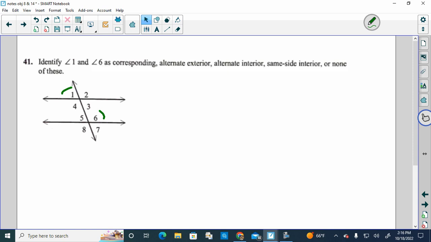So you know it's not that one. Alternate interior, they would both have to be on the inside. Well, 6 is, but 1 is not. So you know it's not that one. Same side interior, again, interior. We only have 1 that's on the interior. So there has to be what? Nothing. Okay. So you can either circle it or write none when we go to grade it. Just make sure whoever's grading it can find your answer.